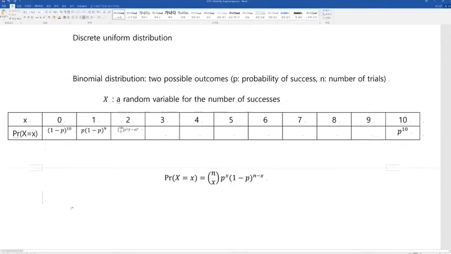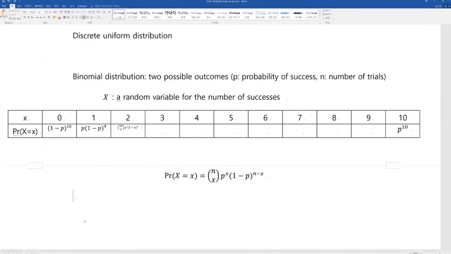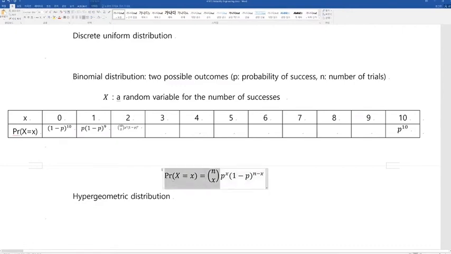So the next one is the hypergeometric distribution. And we are interested in finding the probability for such cases.